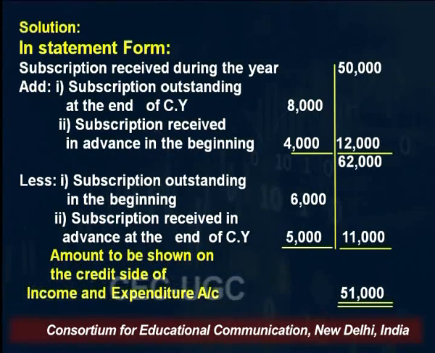The net amount, which is rupees 51,000, will be shown on the credit side of the income and expenditure account. This income and expenditure account is prepared on the accrual basis, and keeping that in mind, all the items which are related with the current year are to be shown in the current year only, whether received or not.